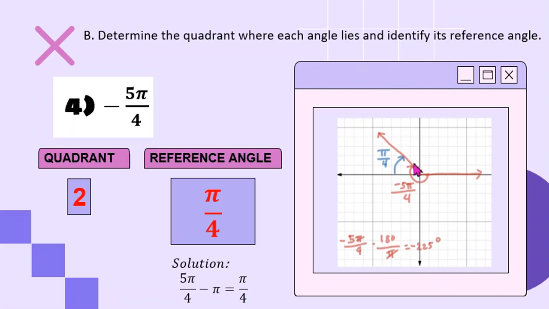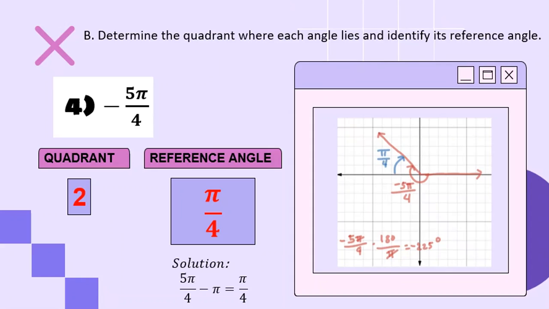Okay, so that's negative 5 pi over 4. Although it's negative 225, in labeling, use radians. Okay, the given measure is in radians. Okay, and now let's answer the question, what's the reference angle? As you plot, you will say it.